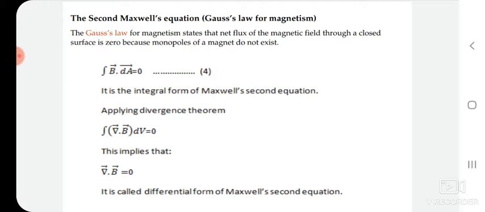The Gauss law for magnetostatics states that the net flux of the magnetic field throughout a closed surface is 0, because monopoles of a magnet do not exist.